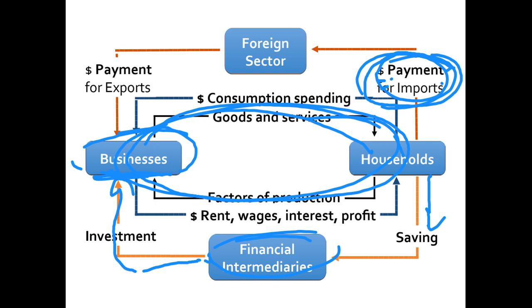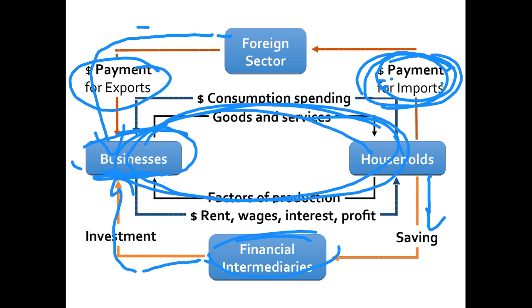So this is dollar payment for exports, and this is coming from the foreign country to the business. So this money is coming into the system. So exports are an injection, money injecting into our system. Imports are leakages because this money is going out of our domestic economy.